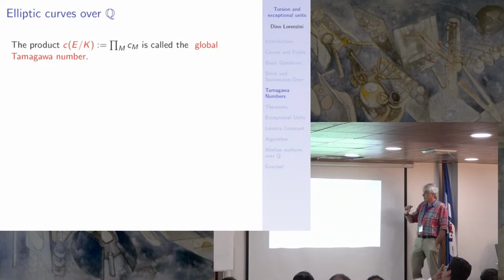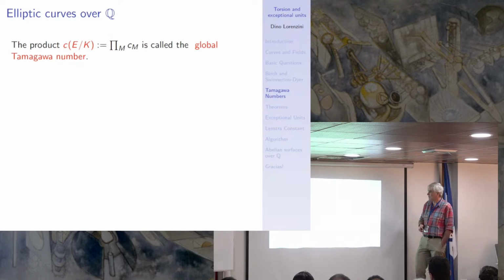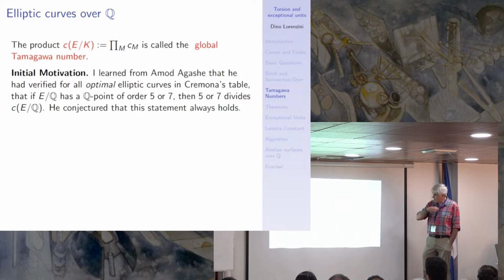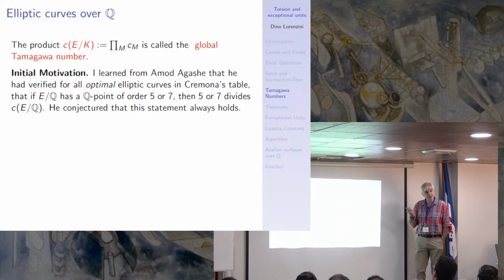Okay, so let's start with that question of, do we have cancellation, or do we expect cancellation, with elliptic curves over Q? My initial motivation is that I heard from Ahmad Dagache that he had used the Cremona tables, and he had checked that if you had an elliptic curve with a torsion point of order 5 or 7, then 5 or 7 had to divide the product of the Tamagawa numbers, which is called the global Tamagawa number.